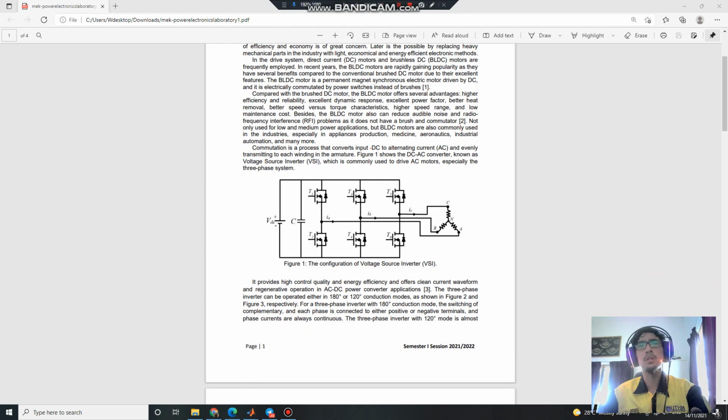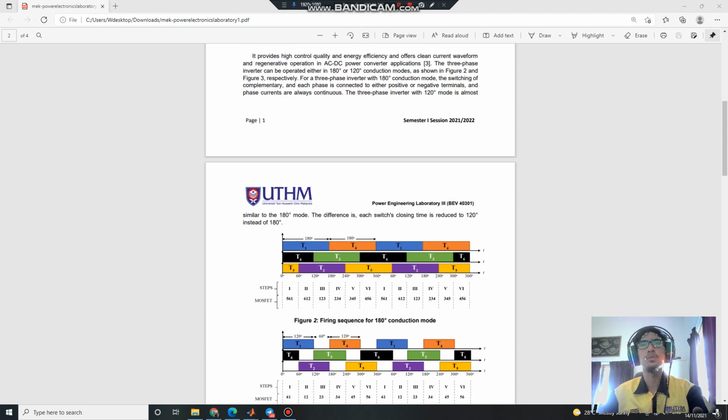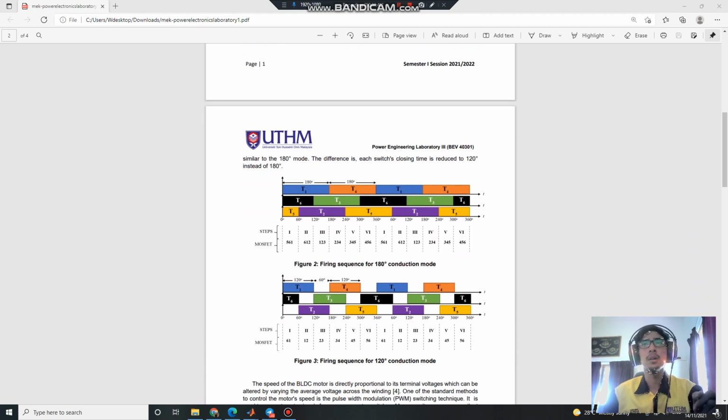As we can see on the lab sheet, we will do the configuration of the voltage source inverter as in the figure. We need to do two sets of circuits: the first is the firing sequence for 180 degree conduction mode, and the second is the firing sequence for 120 degree conduction mode.